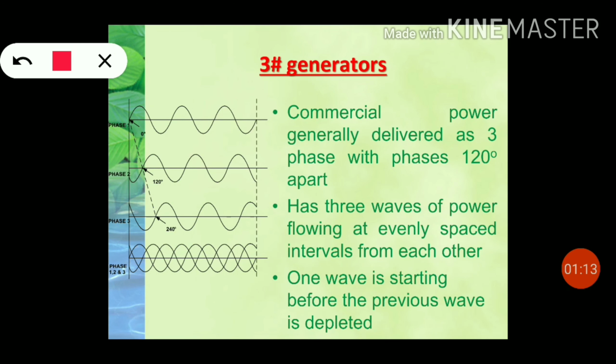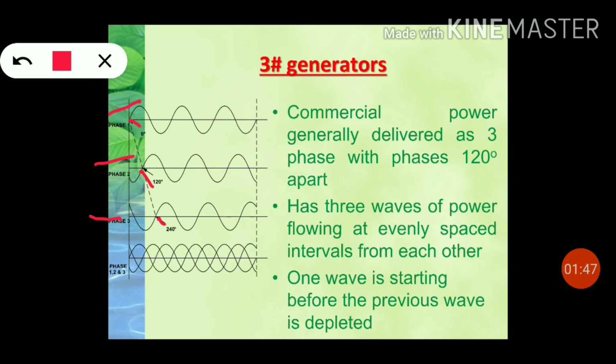So this is phase 1, this is phase 2, this is phase 3. It has three waves of power flowing at evenly spaced intervals. The first phase starts at 0 degrees, phase 2 lags 120 degrees behind phase 1, and phase 3 is 120 degrees behind phase 2.